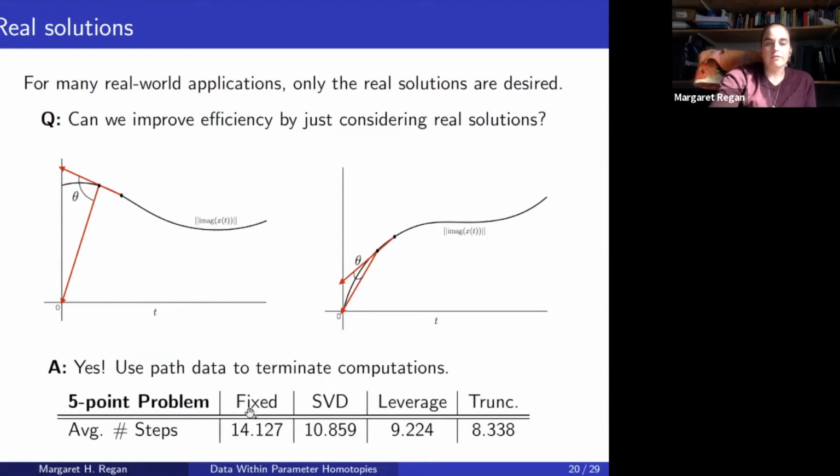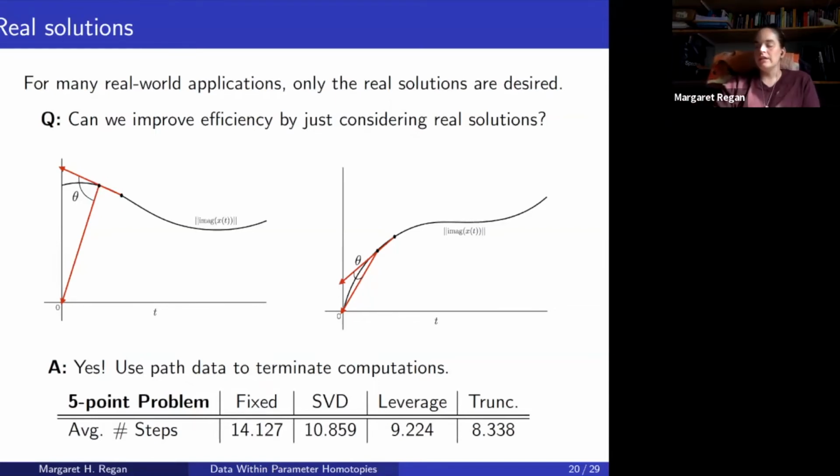And what we saw for our 5-point problem is that when we applied this method to only fixate on these real solution paths, we were able to decrease our average number of steps even more. So from 9, which was our best before using this adaptive local data for our randomization strategy, to 8. So there is an impact there, where I'd like to point out that the 5-point problem is the simplest problem when it comes to these computer vision problems.